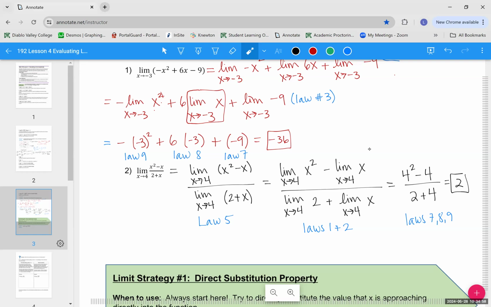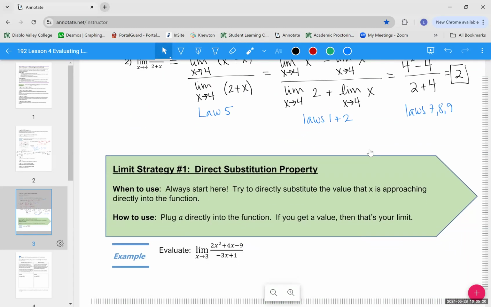So those are our first examples. And as you can see, just like in number 1, if I were to take this 4 and plug it directly into x squared minus x over 2 plus x, that's exactly the calculation that we ended up doing. And so you're going to be very happy to see that our first strategy for finding a limit, if you are looking at an equation and you're wondering, how do I find a limit?